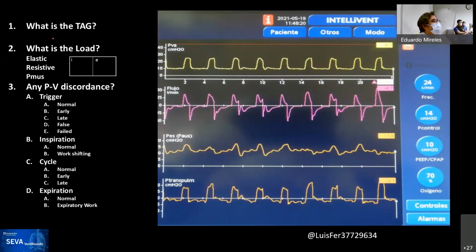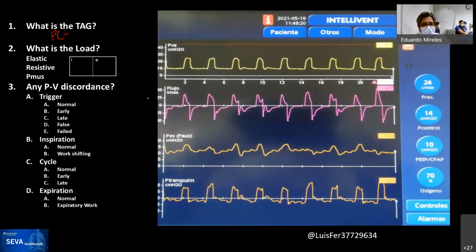So it's pressure control. The pressure seems to be the controlled variable. So I guess we have the pressure waveform, volume waveform, and then esophageal pressure and the transpulmonary pressure tracing. Yes, it's in Spanish, so that's why you see it different. So the flow is different.